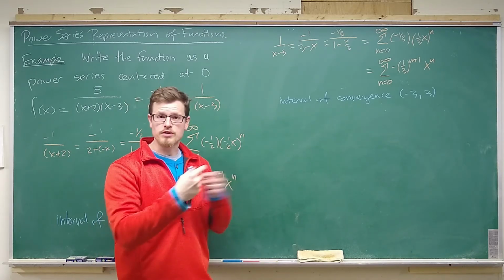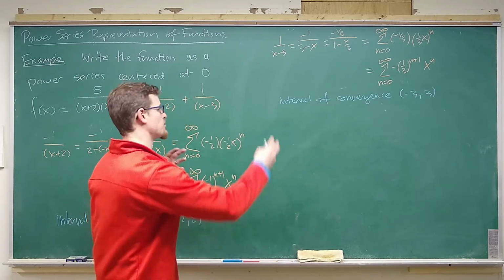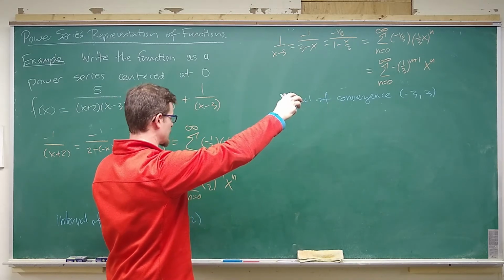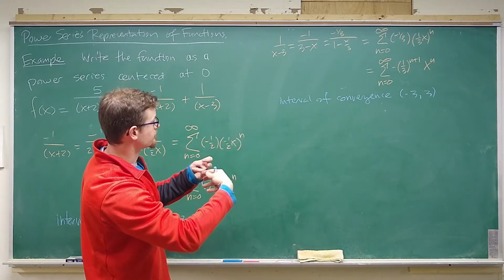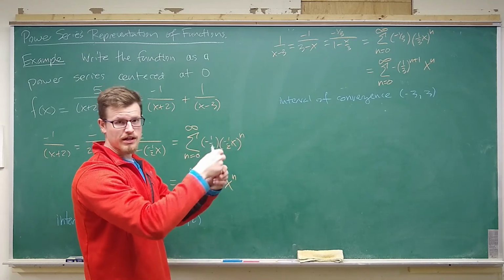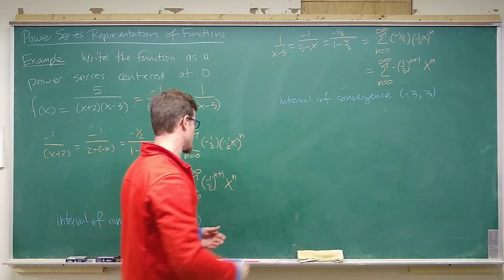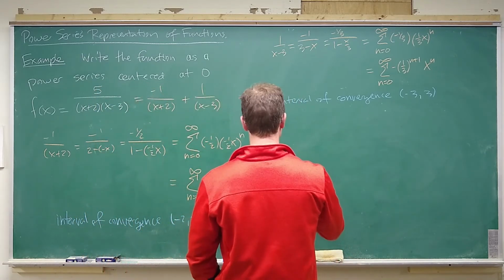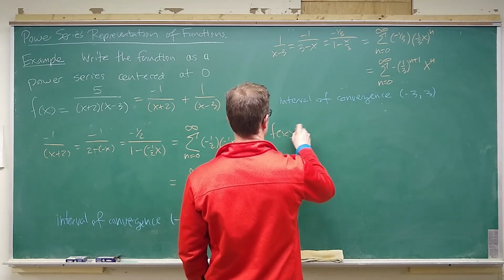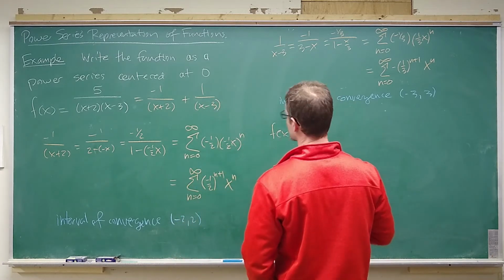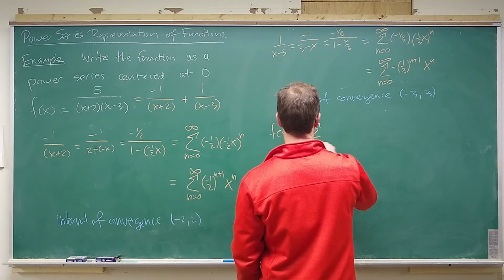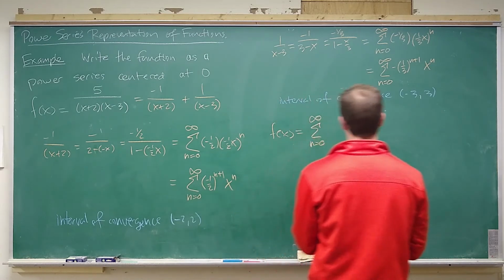I do have a video that goes over an example of what can happen if we don't have absolute convergence. So rearranging the terms can be a problem, and to combine these two series together, we would have to put the first term with the first term, second term with the second term. In order to do that, we're rearranging the terms. All right, so this gives us f of x is equal to the sum from n equals 0 to infinity.